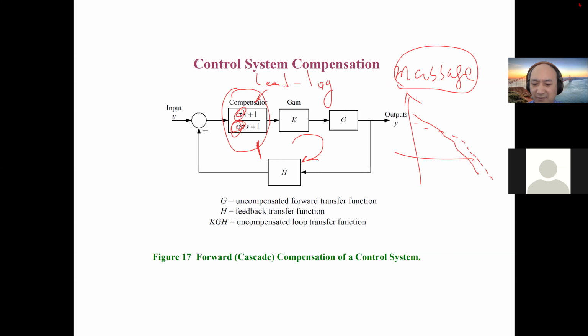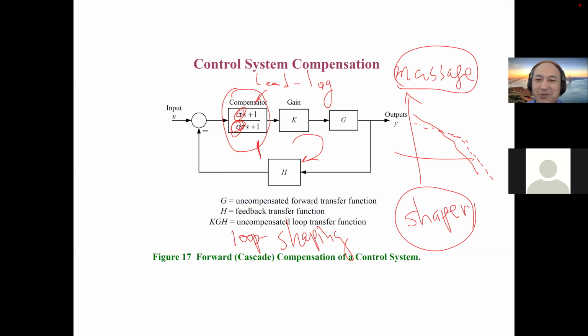In modern control, this is also a more general term called loop shaping, meaning I have some ideal shape of this open-loop Bode plot, but you are not in my shape. So I hope I can get a shaper to make you consistent with what I want. This is called a compensator, okay?